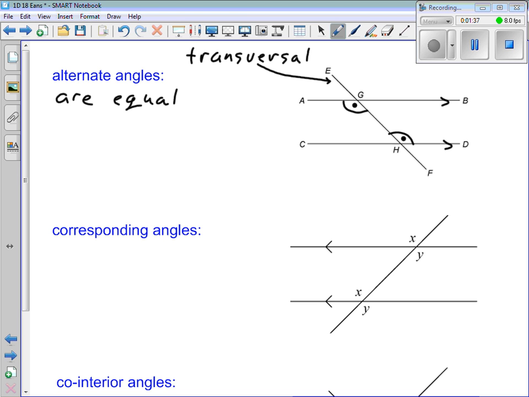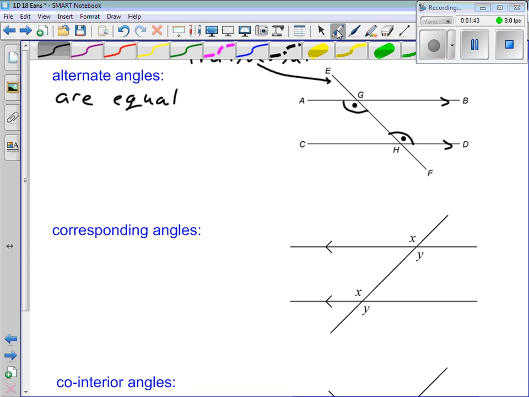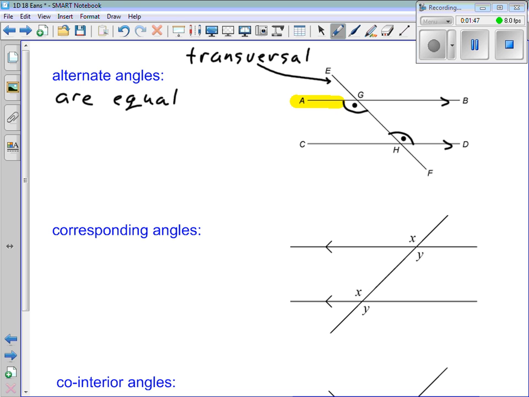The way to recognize this pattern is to look for a kind of a Z pattern here. So if I draw along one of my parallel lines, along like that, and I've got these two angles that I've indicated here sort of in the corners of that Z there, that indicates that they are alternate angles and that they're going to be the same size.